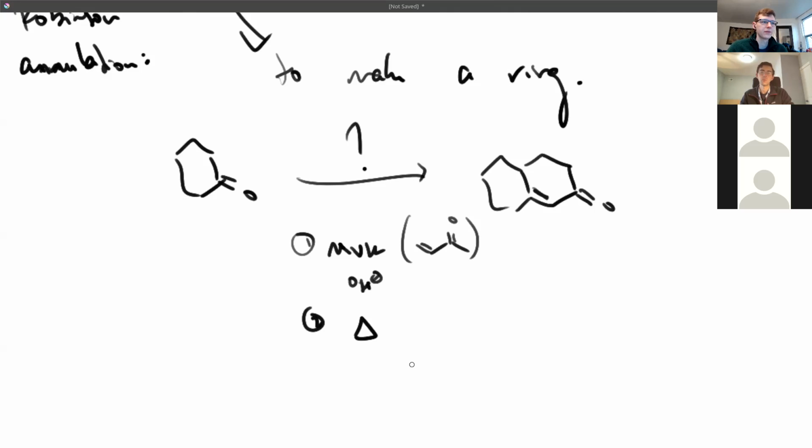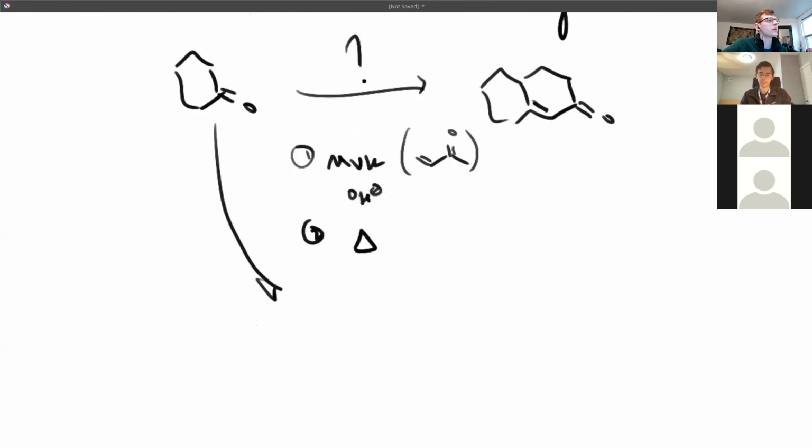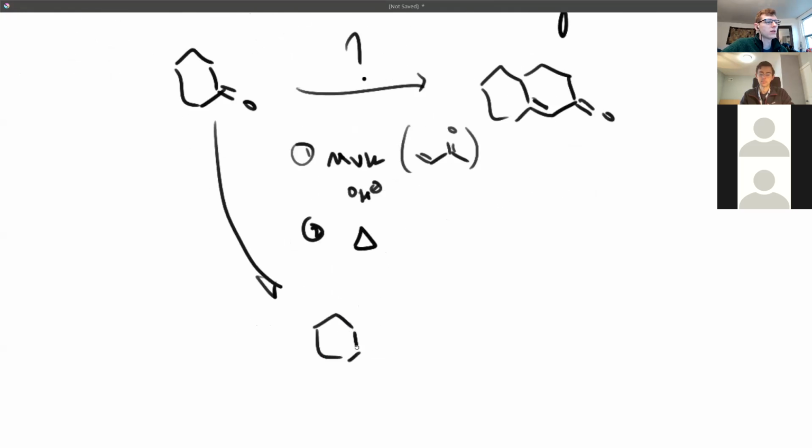Yeah. If you choose not to heat it, I think you wind up getting an alcohol here. So you get something like this. Okay. And then when you heat it, the alcohol winds up leaving.